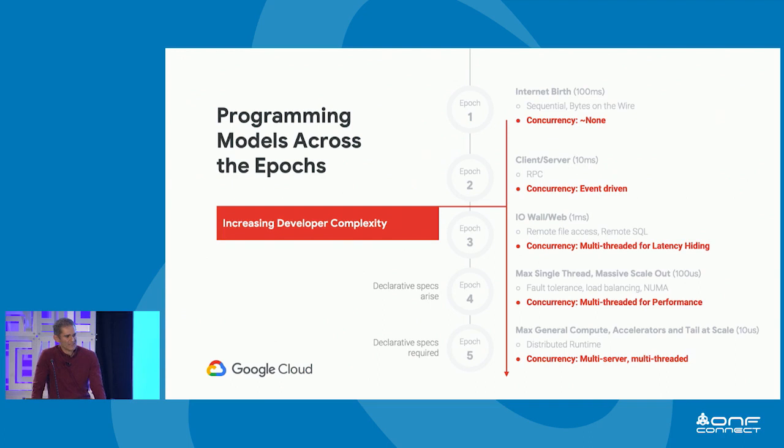So let's look at what it means to manage concurrency. Right? Concurrency is the bane, perhaps the #1 bane for all developers. And it was kind of beautiful in Epoch 1. You didn't have to worry about concurrency, essentially. Things weren't happening simultaneously, and if they were, they were happening so slowly that you could treat them as being sequential. In Epoch 2 with client-server, this is when event-driven concurrency came along, right?